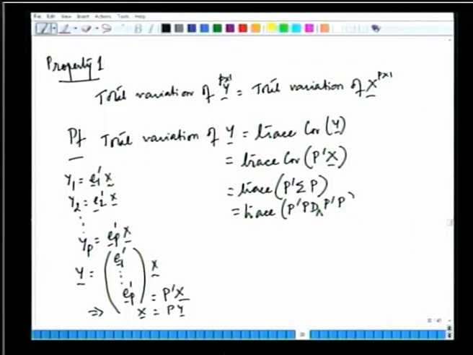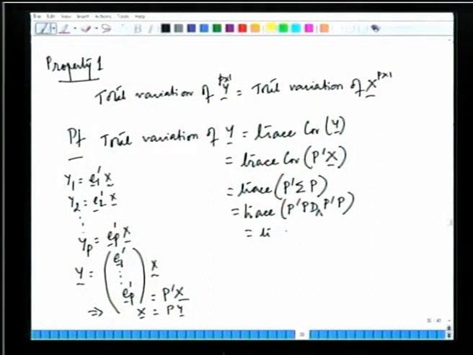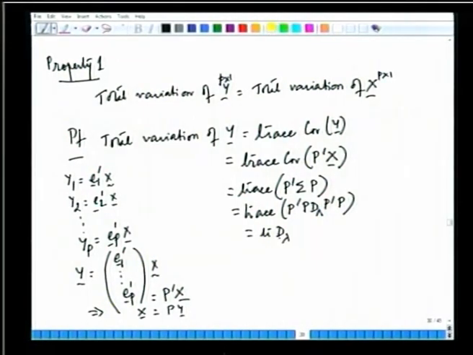We know what these matrices are already, and since P is an orthogonal matrix, its columns being orthonormal eigenvectors, this is nothing but trace of D lambda, which is the sum of lambda i's, i from 1 to p.